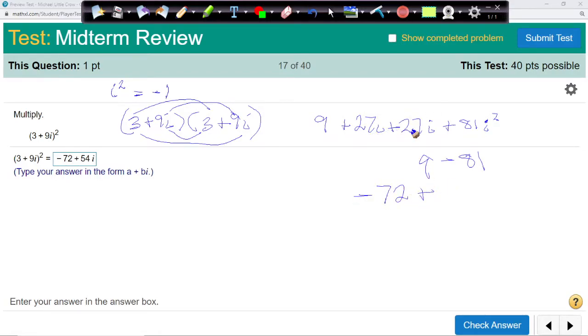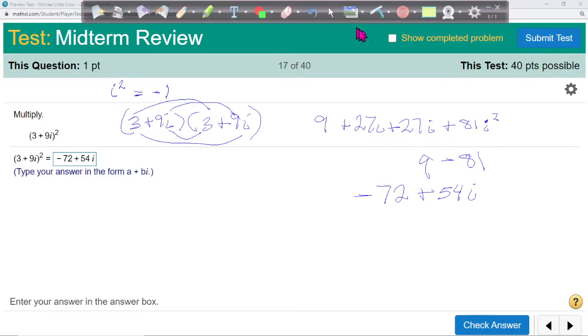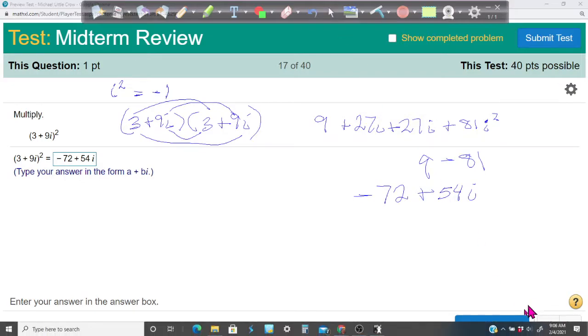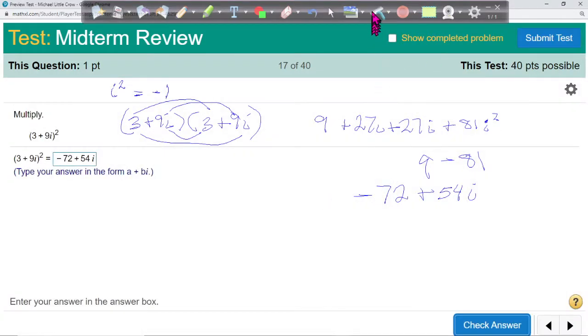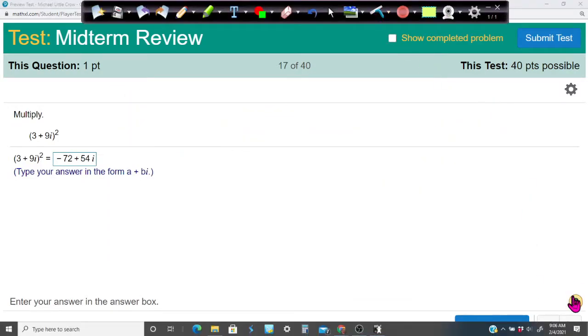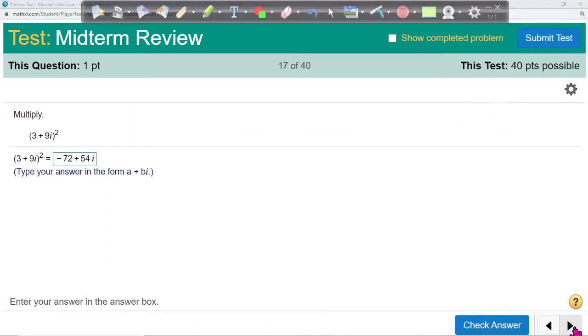And then 27 plus 27 is 54i. So either way works. Just remember, i squared is equal to negative 1. Check the answer. Of course it's right. Let's clear this off and go to the next question. Let's try to move along.